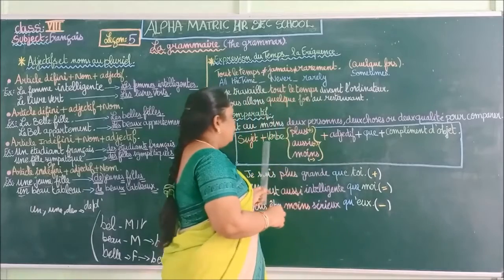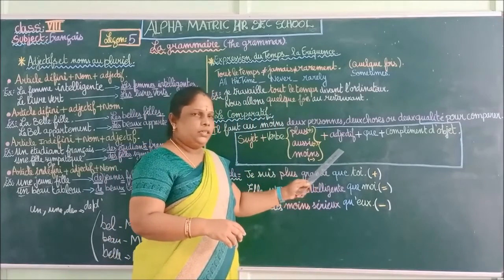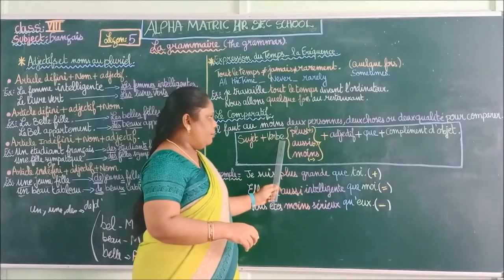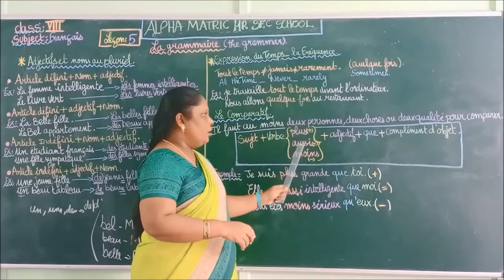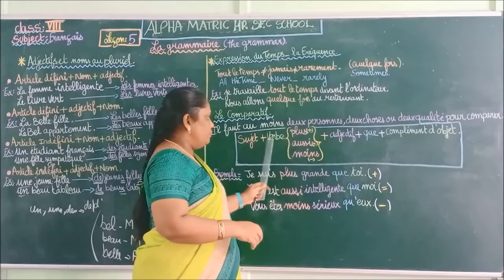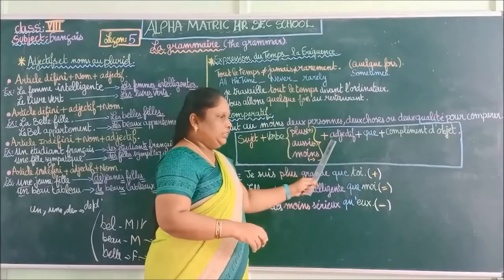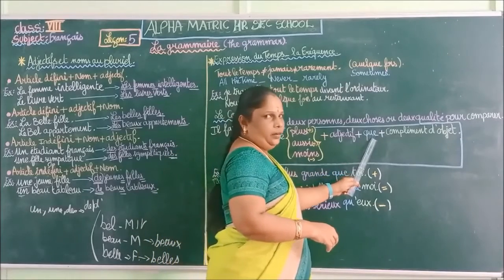Okay, so you see here I have given you the formation for the comparison sentence. Okay, so sujet plus verbe plus aussi ou moins. So more, even, less. Okay, so subject plus more, even or less, adjective plus que means then.